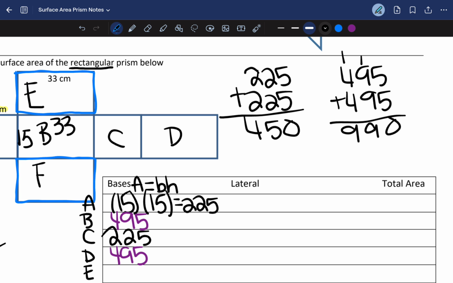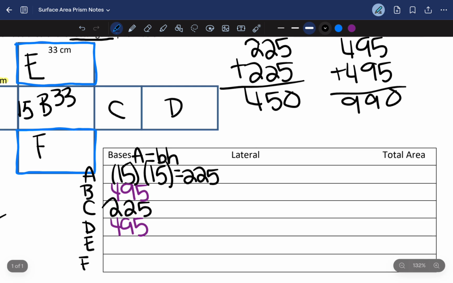And you get 990. Okay? So now, again, we have to add those numbers up just to get lateral surface area. So there's just a lot of multiplying and adding when it comes to this, but it's pretty straightforward. So for lateral, I'm going to do 450 plus 990.